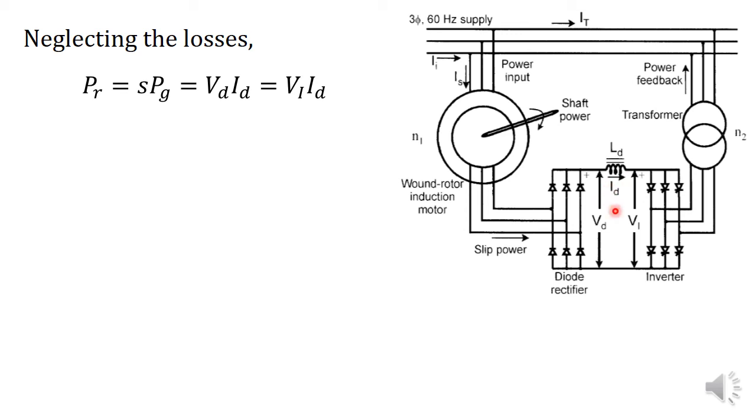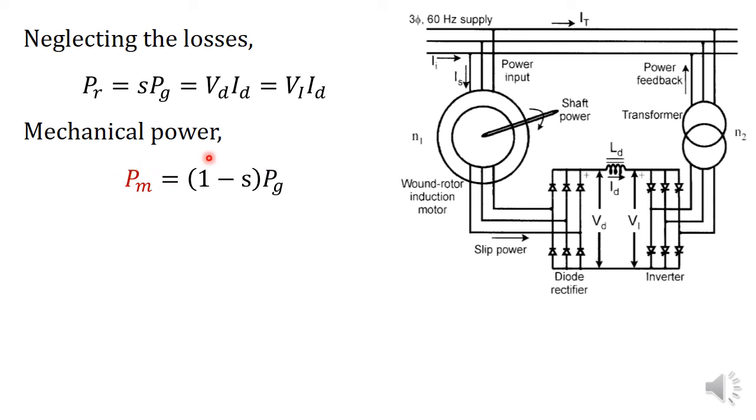So the DC link power is also equal to slip power. So DC link power is equal to VD into ID or VI into ID. Both are equal. So S PG is equal to VD into ID is equal to VI into ID. So let's take VD into ID. Mechanical power developed is PM is equal to 1 minus S into PG. This is a familiar equation for us.